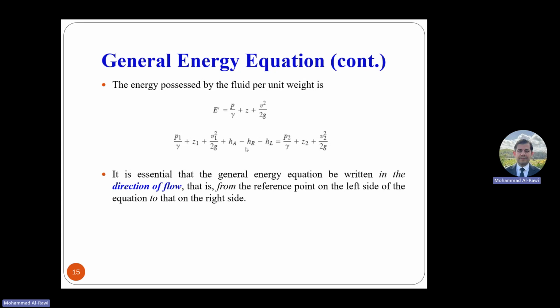If in my example I don't have HR, then you remove it. You don't need to include that term. If you don't have a pump, the same thing. It's essential that the general energy equation be written in the direction of the flow. So point 1 must be the reference point on the left side of the equation, starting from the suction line going towards the discharge line on the right side.